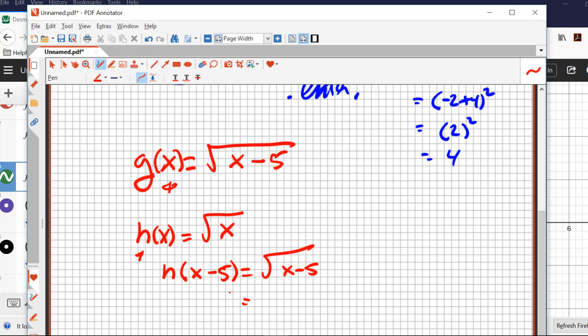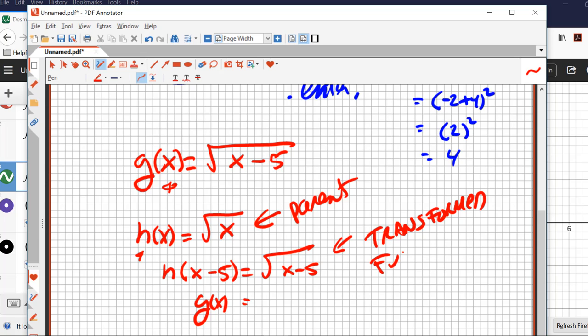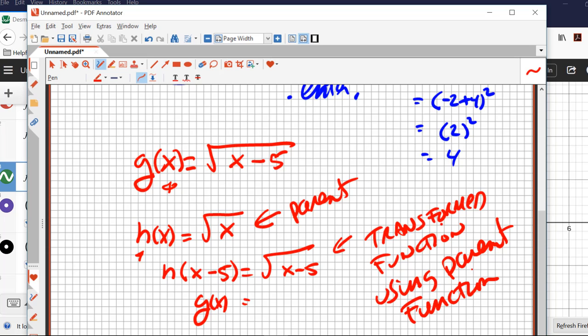Instead of calling it h of x minus 5, I've just said, look, this is now a new function called g of x. And that's all that's happening. It's up to you to recognize the parent function and the transformed function using the parent function. And that's really it.